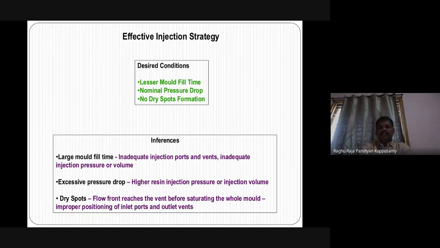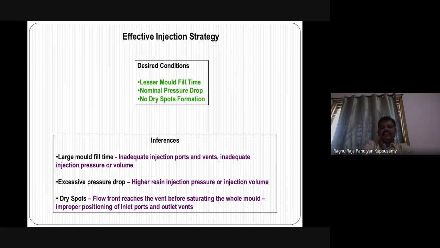And what are the inferences if I get a large mold fill time? From the simulation, I can understand that there are inadequate injection ports and vents, or inadequate injection pressure or volume. If there is excessive pressure drop, it may be due to either higher resin injection pressure or higher injection volume in constant volume injection.